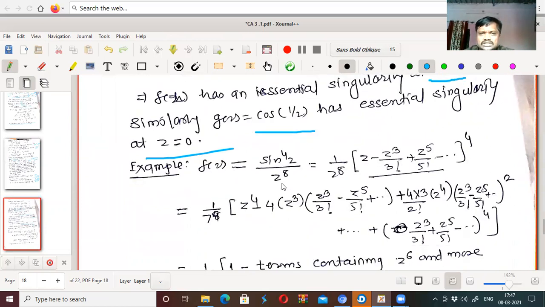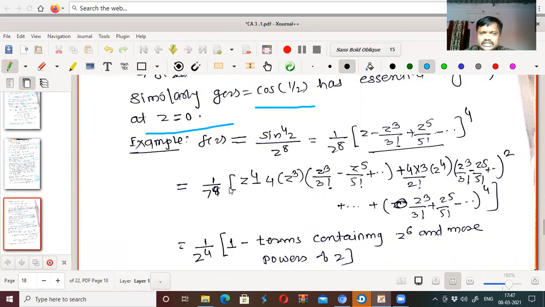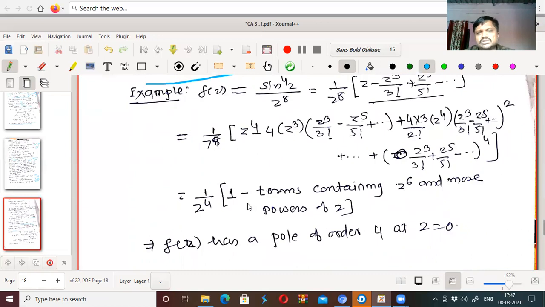Take sine raised to 4 z upon z raised to 8, with 1 by z raised to 8 taken common, and sine z to the power 4. The first term of this becomes z to the power 4, and here it is z to the power 8. If I multiply, then the highest negative power becomes 1 upon z to the power 4, and this first term has 1 and remaining terms contain z to the power 6 and more powers of z.